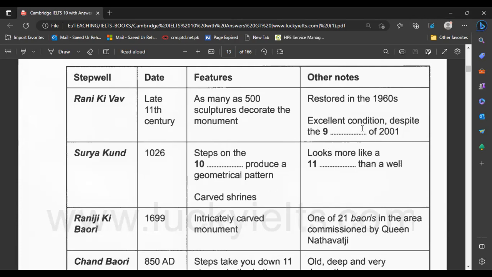And here you can see, excellent condition despite the dash of 2001. So this is the step wells type. Then there are date and features, and these are the words you will keep in mind. Excellent condition despite the dash of 2001.